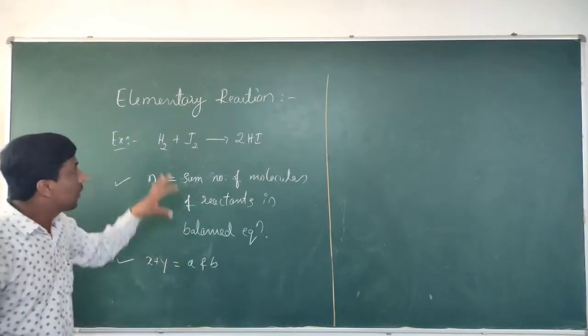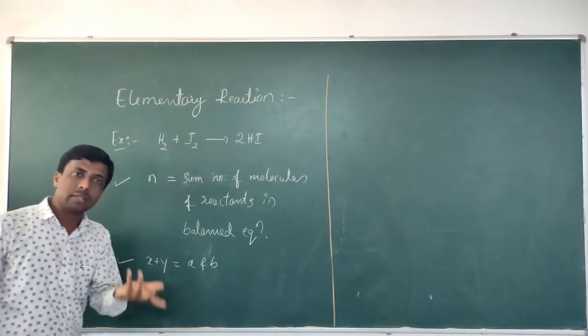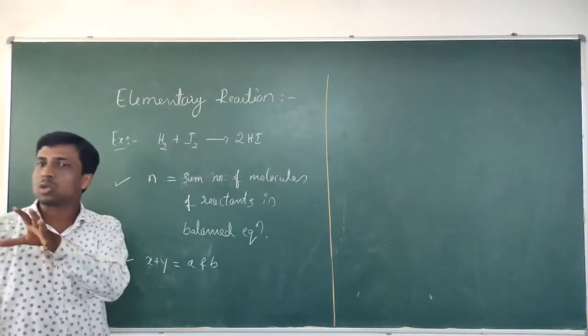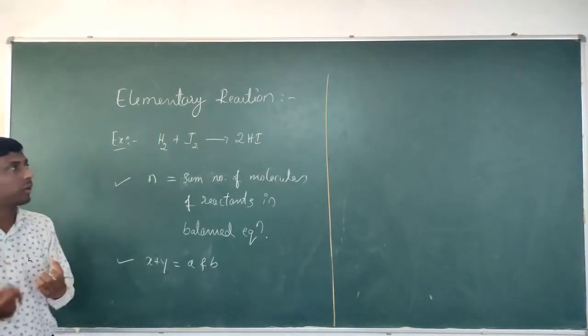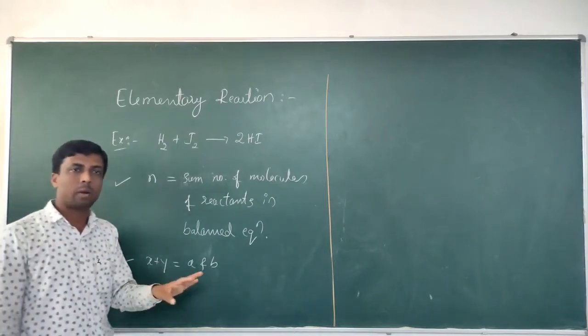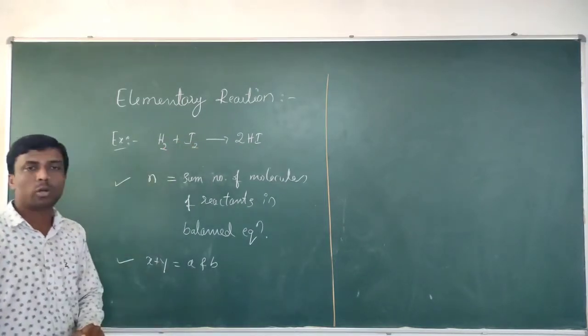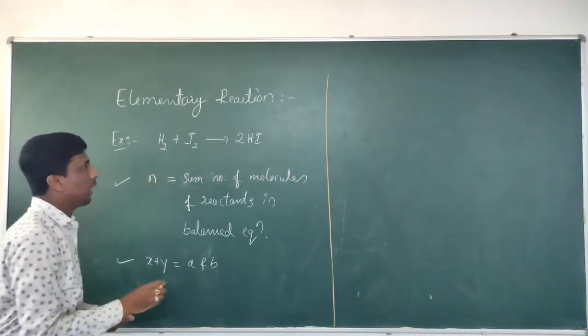It means if you have an elementary reaction, you can directly say its order just by looking at the balanced chemical equation. This is the advantage of the elementary reaction. Here, what is the n value? For this example, what will the n value be?